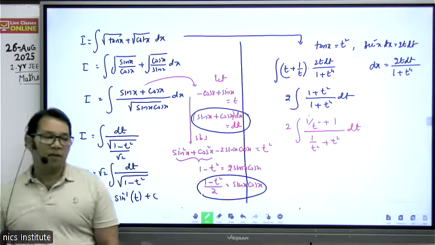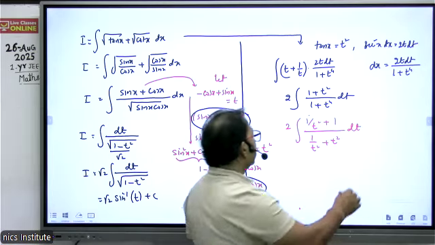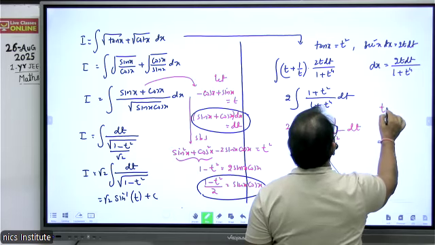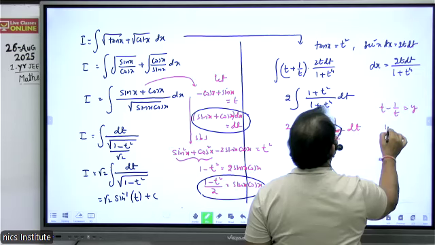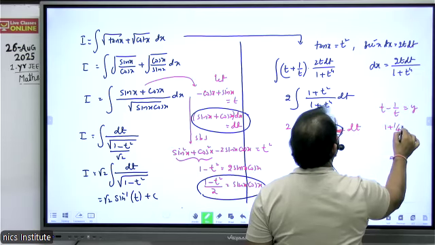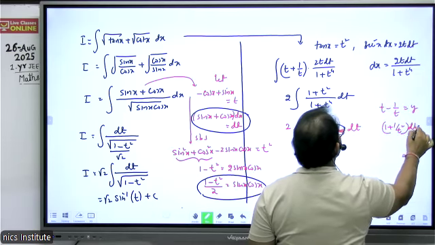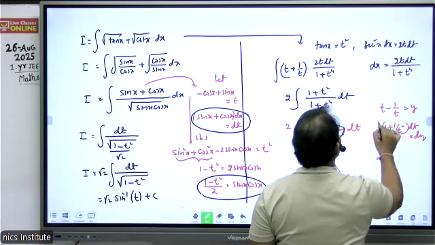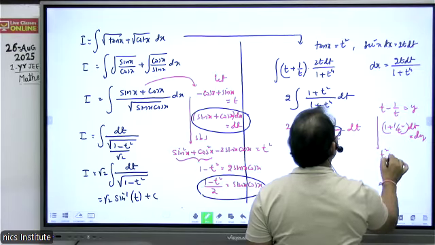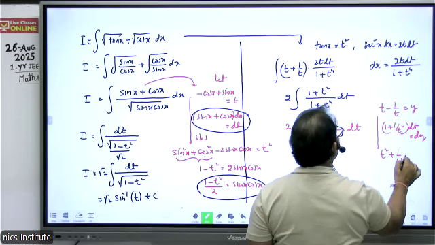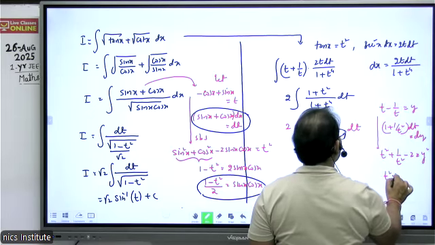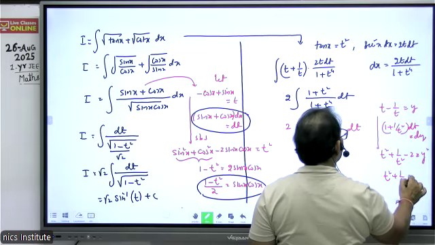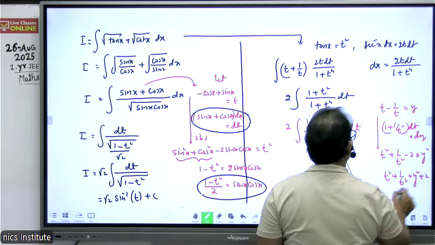1 by t square plus 1 in the numerator is the derivative of t minus 1 by t. Let it be y. Differentiate it: 1 plus 1 over t square, dt is dy. Squaring both the sides gives you t square plus 1 by t square minus 2 is equal to y square. So t square plus 1 by t square is y square plus 2.